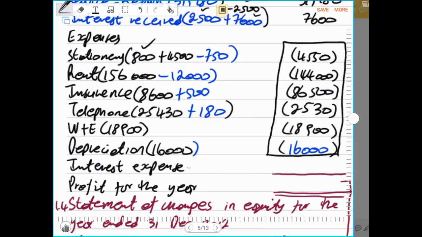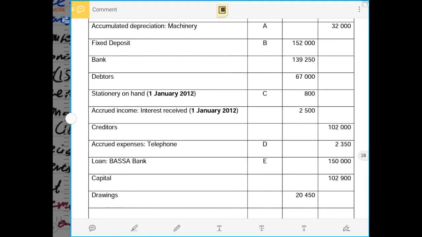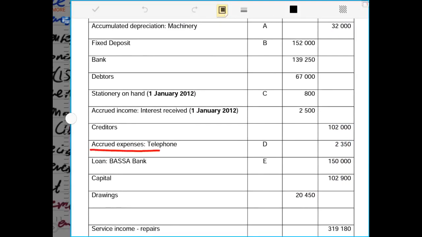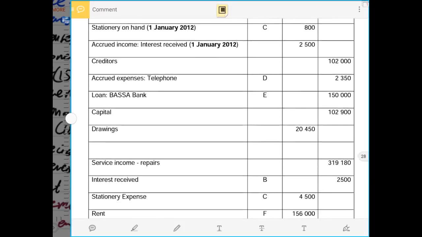So now our interest expense on a loan, we also had accrued expense, which we have already accounted. No, it was a telephone, sorry. There was no interest expense that was accrued.